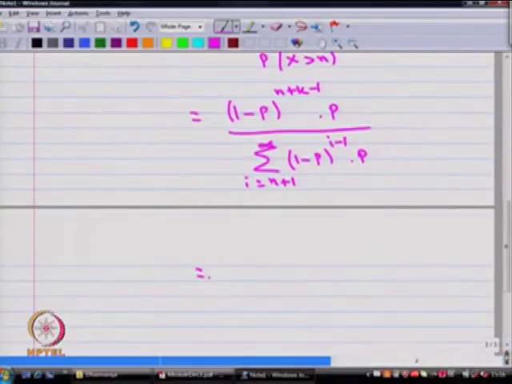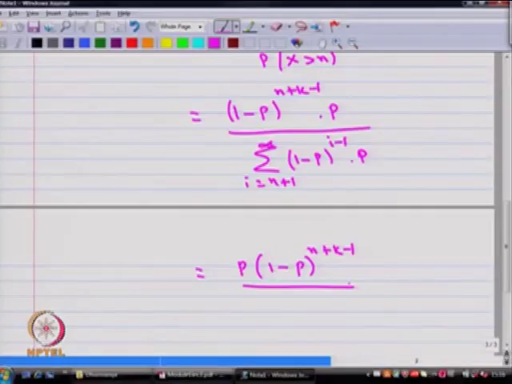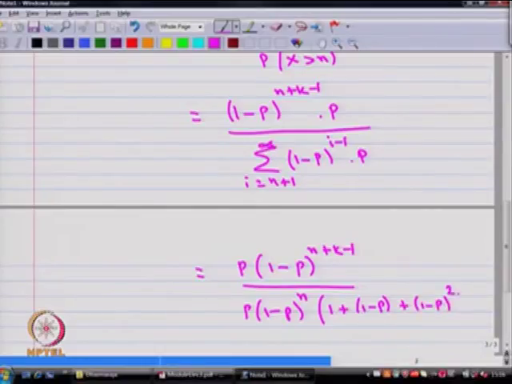That is the same as, numerator we can keep it as it is, whereas in the denominator, since the summation is from i equal to n plus 1 to infinity, you can take p times (1 minus p) power n common outside, and the remaining terms are 1 plus (1 minus p), the third term will be (1 minus p) whole square and so on.